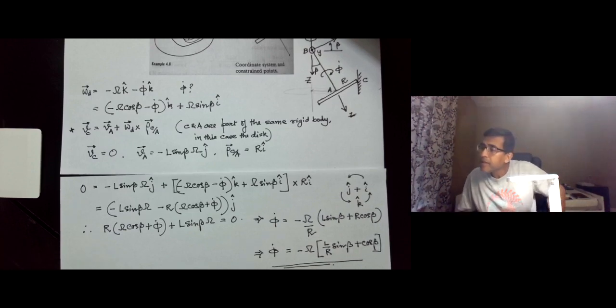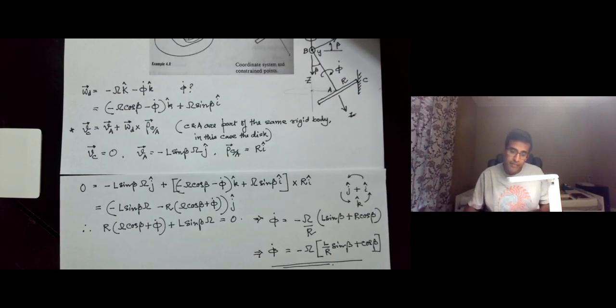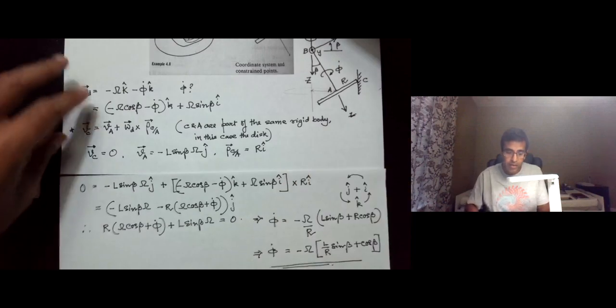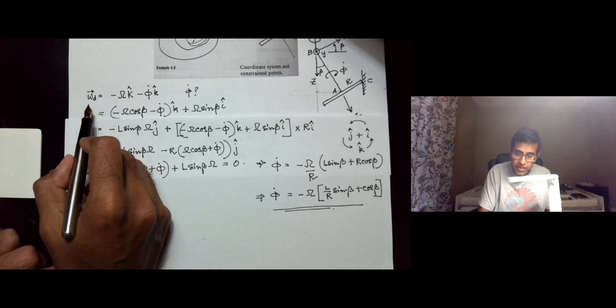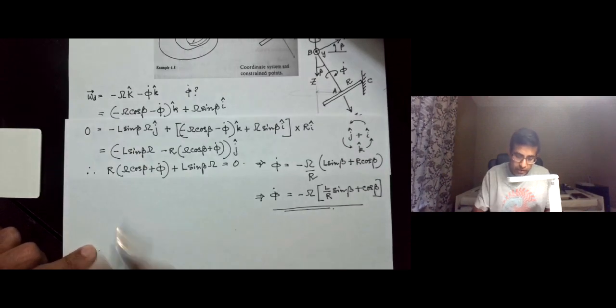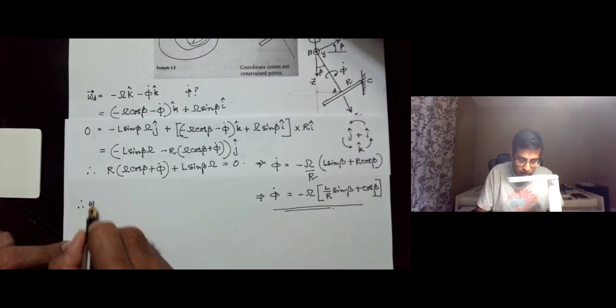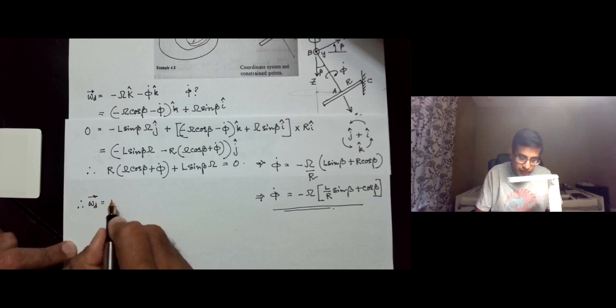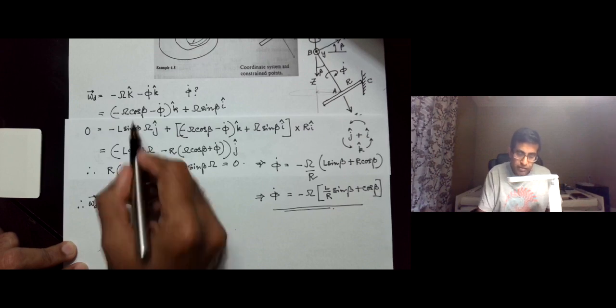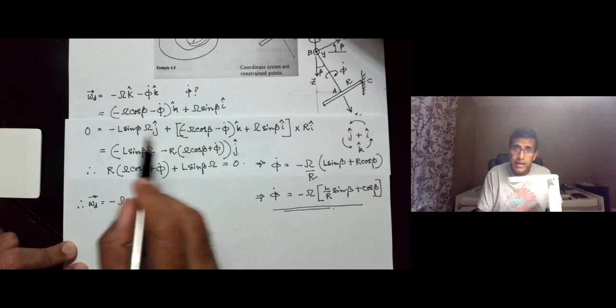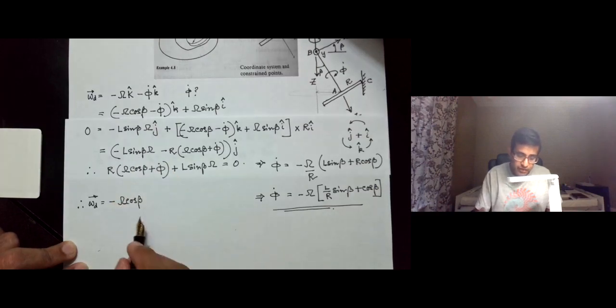So that's the angular velocity phi dot. Now this is not it, because we are seeking to find the net angular velocity of the disk, which is omega d. So therefore omega d is equal to minus omega cosine beta. So let's consider this expression, and we are going to substitute for phi dot.